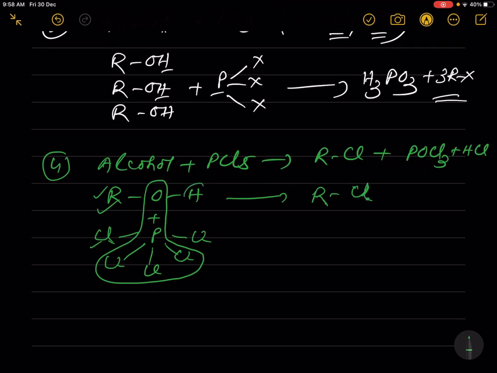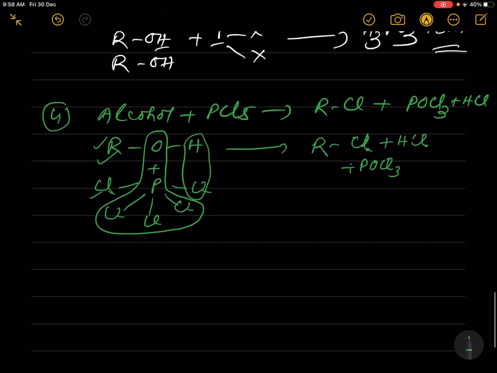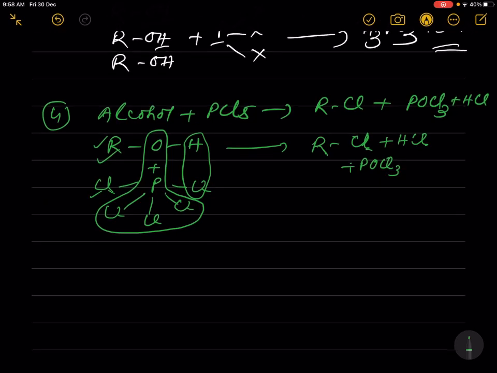This H and Cl combine to give HCl, and POCl3. So when alcohol is treated with phosphorus pentachloride, it gives alkyl chloride, HCl, and phosphorus oxychloride.